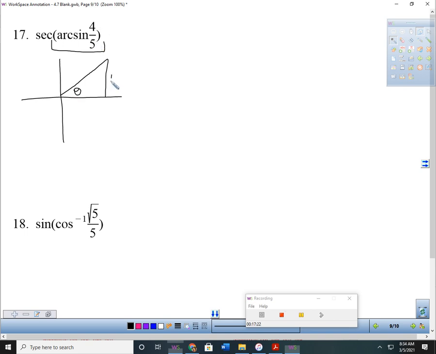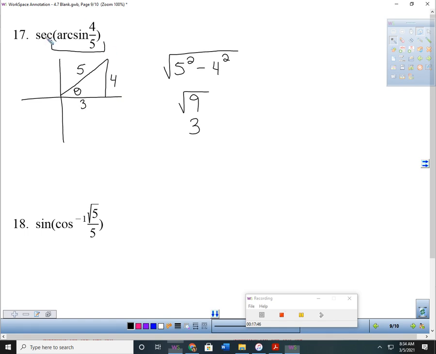So I've got 4, and then hypotenuse is 5. And if you know your Pythagorean triples, you know that this side is 3. If you do not know that, then you would take your hypotenuse minus the leg that you had squared. So 25 minus 16, which is 9, and the square root of 9 is 3.